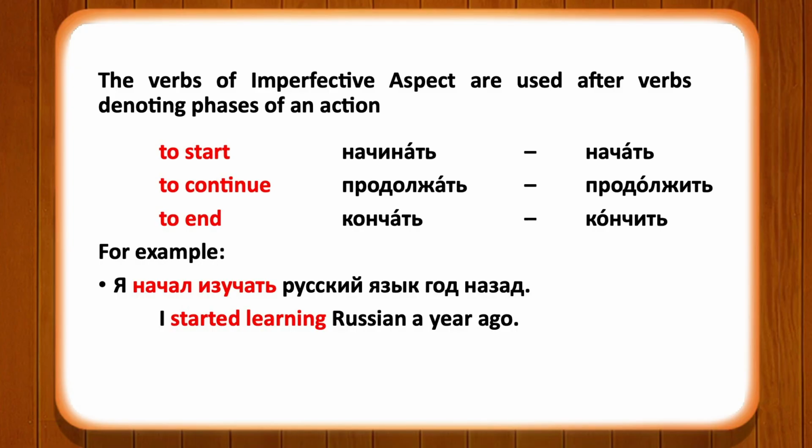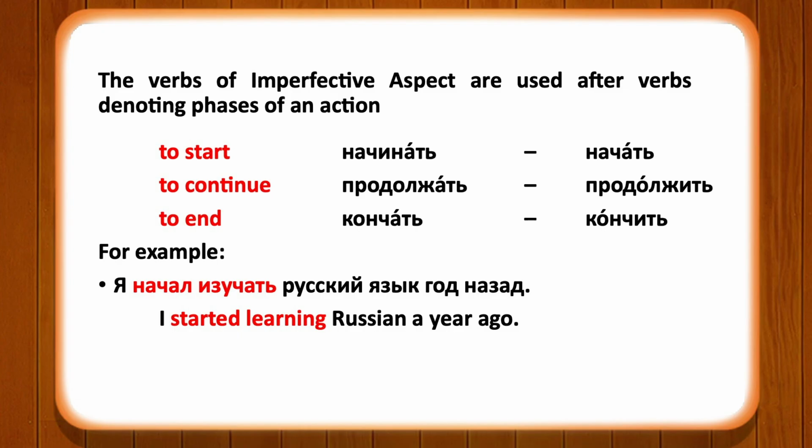The verbs of imperfective aspect are also used after certain verbs, the verbs that denote phases of an action like to start, to continue, or to end. So you combine the imperfective verbs with the verbs which denote to start, to continue, and to end.